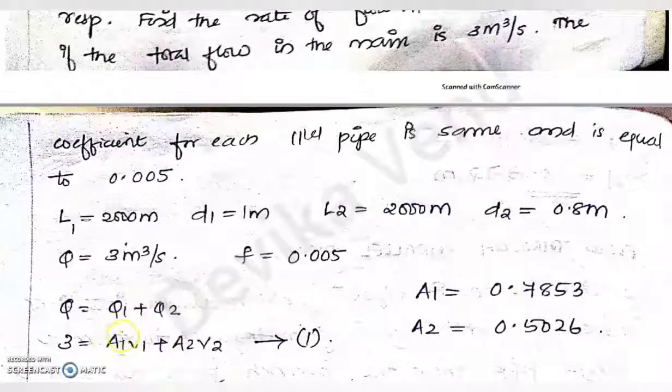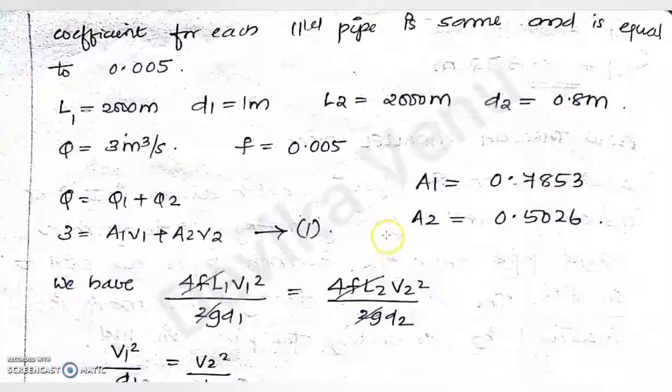A1 and A2 you can find out with the help of diameters D1 and D2. So pi d square by 4 I have applied, and you got the areas A1 and A2. But still we have two unknowns, V1 and V2. A1 and A2 we substitute in this equation, but again this equation involves two unknowns. So we need one more equation.